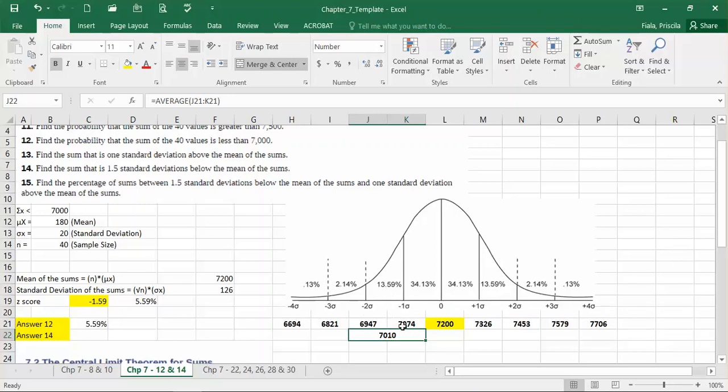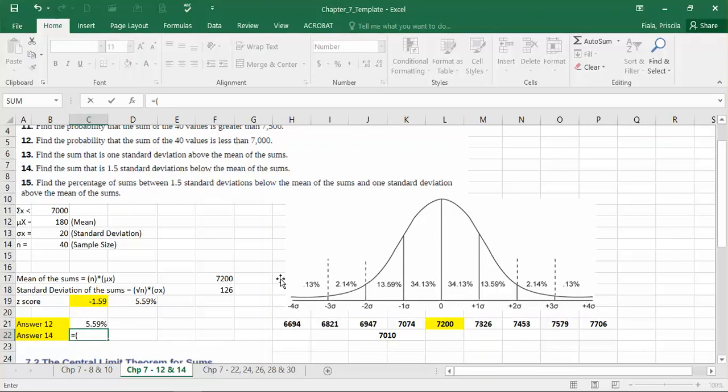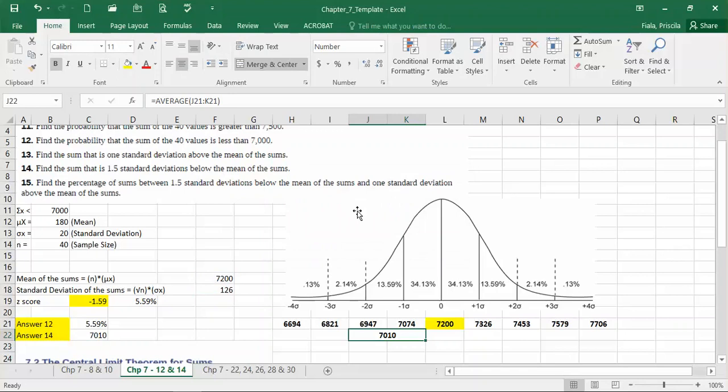And if you average the values, then this is the value right here. And to confirm that, I'm going to do equals my mean minus, because we are asking for 1.5 below the mean, minus 1.5 times my standard deviation, and then we would find exactly the same value.